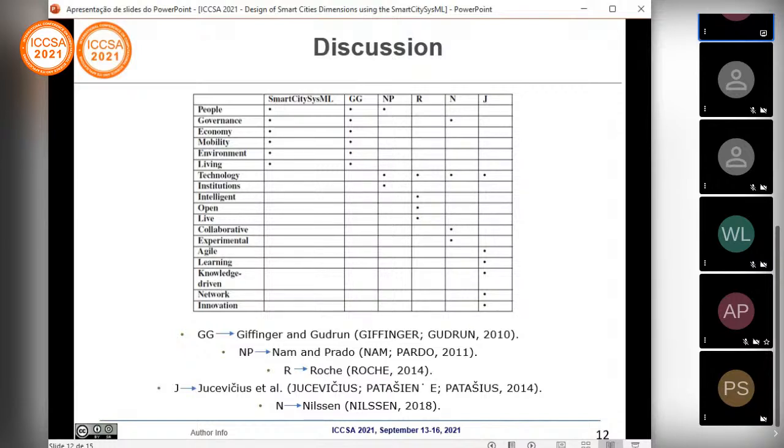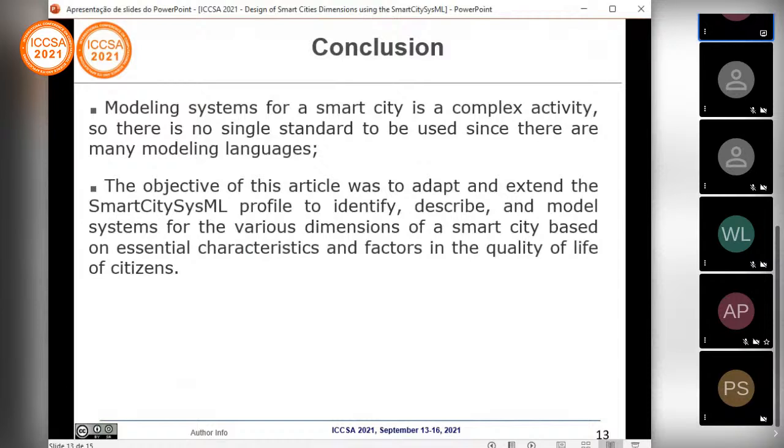This article is different from the articles illustrated in the table by including characteristics and factors for smart city dimensions as native components of CSML and adapting the language to represent the elements using terminology known to stakeholders. Modeling systems for a smart city is a complex activity, so there is no single standard to be used.